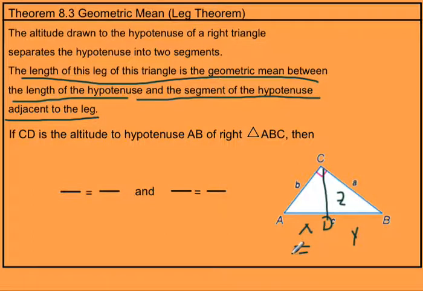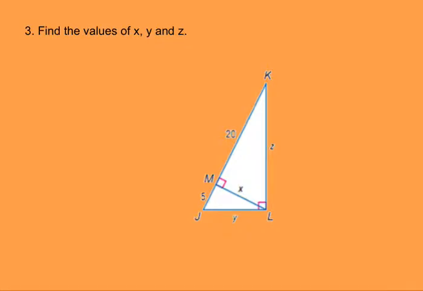So if I'm going to take length x, I can write that twice, and that's going to work out with B and Z. Likewise, if I put Y here, it's going to be the same as A and Z, like so. So we can use that geometric property to help us. This is a lot of information thrown at you at once, so I think it's easier just to take a look at concrete examples of how we're going to use this.